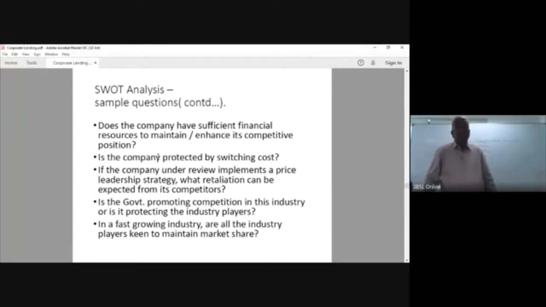Now, does the company have sufficient financial resources to maintain or enhance its competitive position? If the answer is yes, what is it?